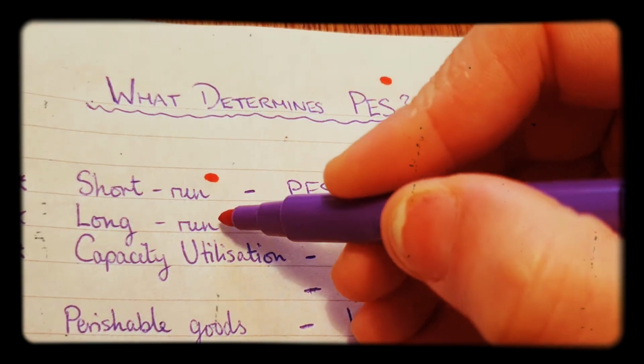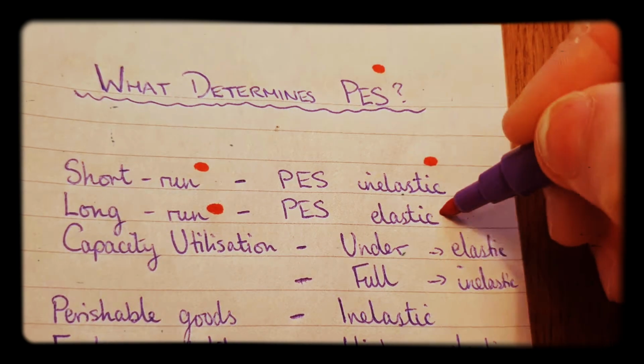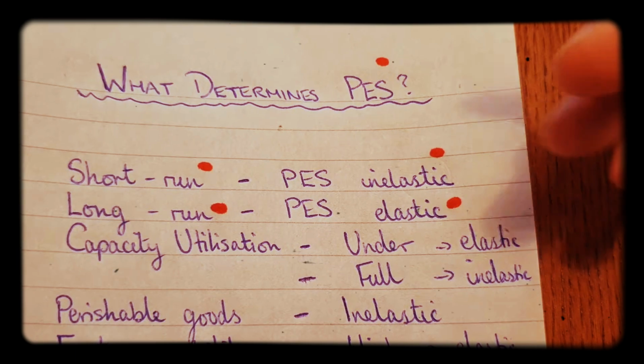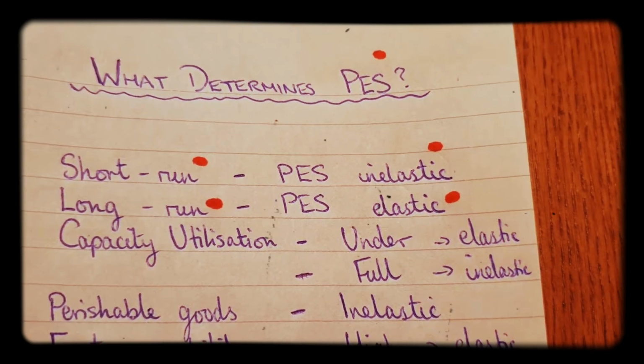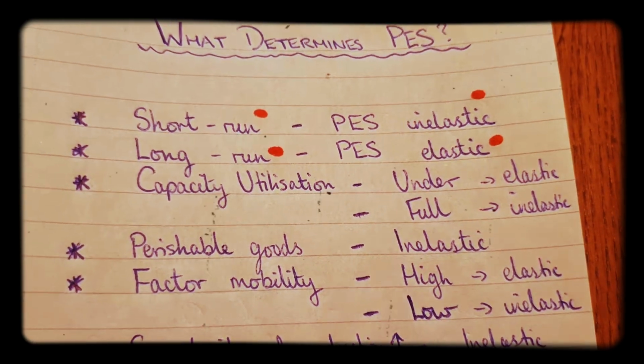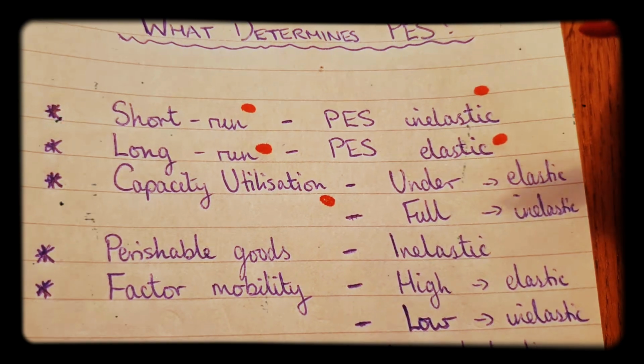However, in the long run, the price elasticity of supply will be elastic. It will be very responsive. In the long run, the firm is able to increase its production to whatever level it needs to be to fulfill the demand.